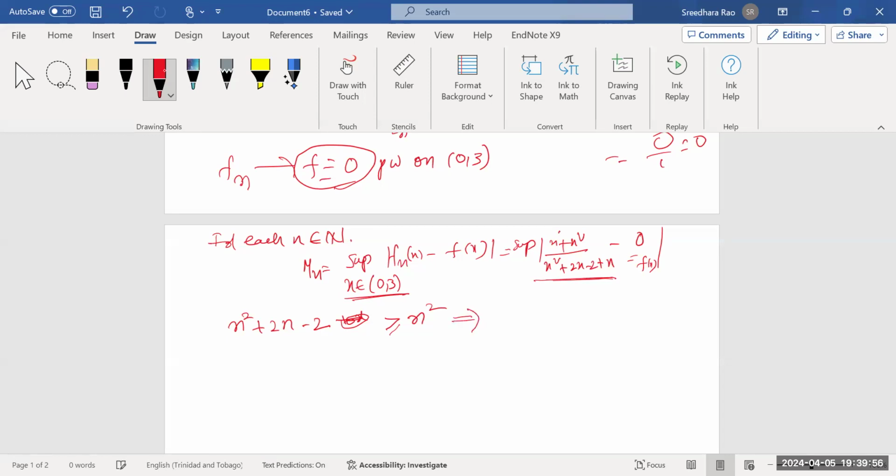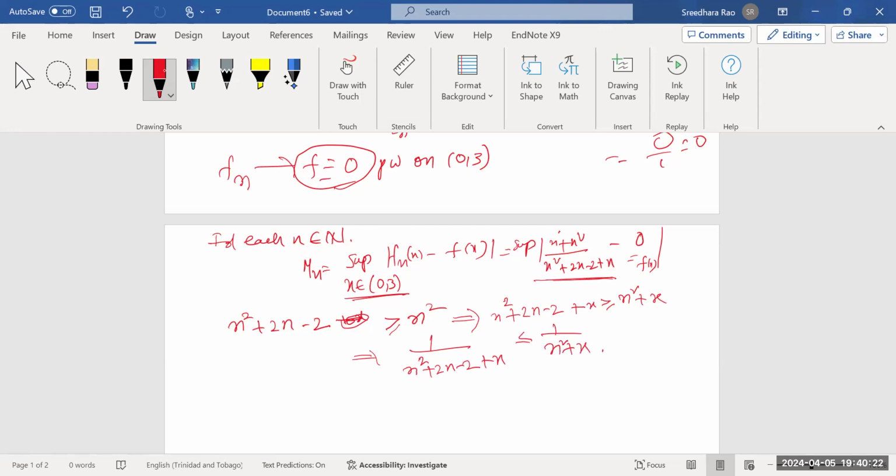That implies n square plus 2n minus 2 plus x is greater than or equal to n square plus x. So 1 over n square plus 2n minus 2 plus x is less than or equal to 1 over n square plus x.